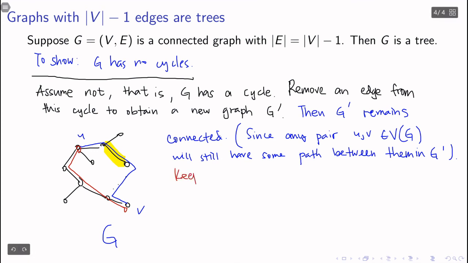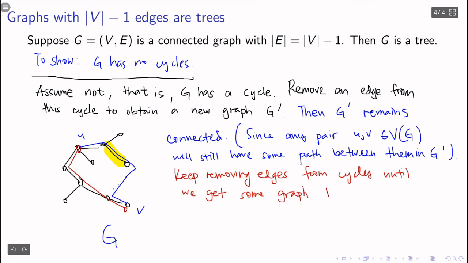So keep removing edges from cycles until we get some graph, I don't know, like H maybe, that has no cycles. What do we know about H? H is connected, and it has no cycles. Well, apparently, H is a tree now, right?